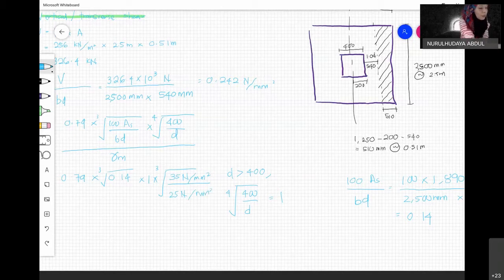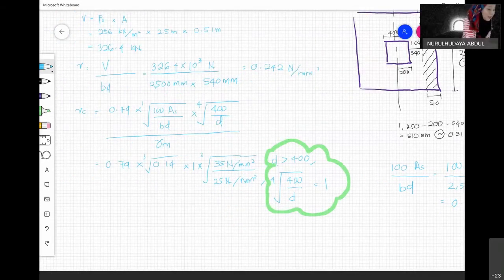Okay. So you akan dapat jawapannya lah. Nanti confuse. And we divide with gamma M, which is 1.25. Okay. Gamma M ni memang fix 1.25, tak pernah berubah kali dia.